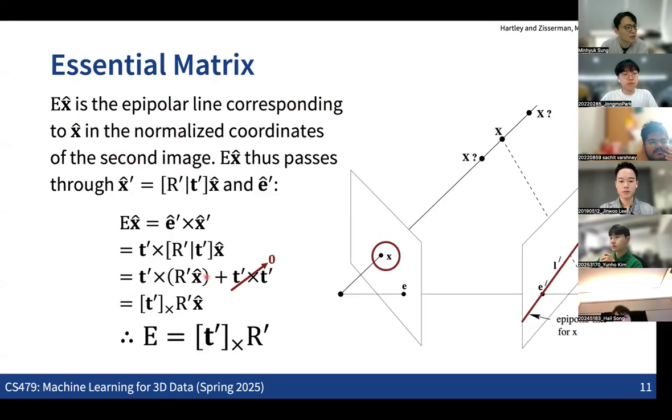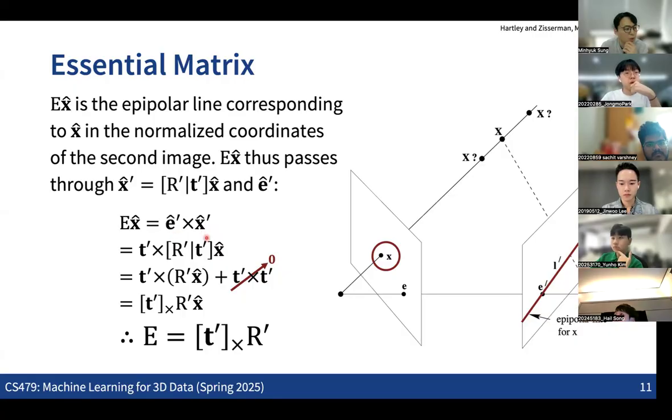And one more thing: if we look at the epipolar line of any point in the first image, where x hat is any point in the first image with the normalized coordinates, then this epipolar line can be calculated in this form, by the definition of our essential matrix, right? So the epipolar line can be represented this way, and we know that this epipolar line should pass through two points, the corresponding point here, and also the epipole here, right?